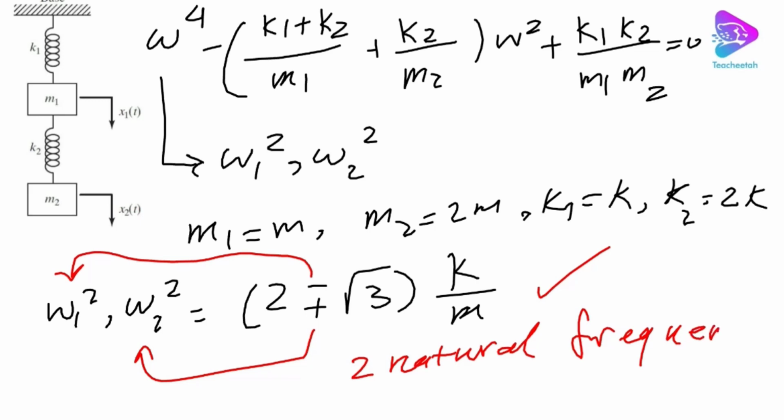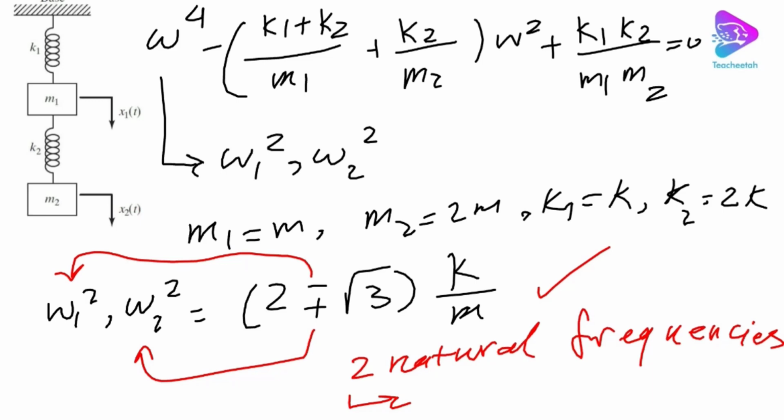And therefore we have two mode shapes, and these are again from the concepts of differential equations. These natural frequencies squared are the eigenvalues of the matrix that we found, and the mode shapes indicate the eigenvectors, or modal vectors.